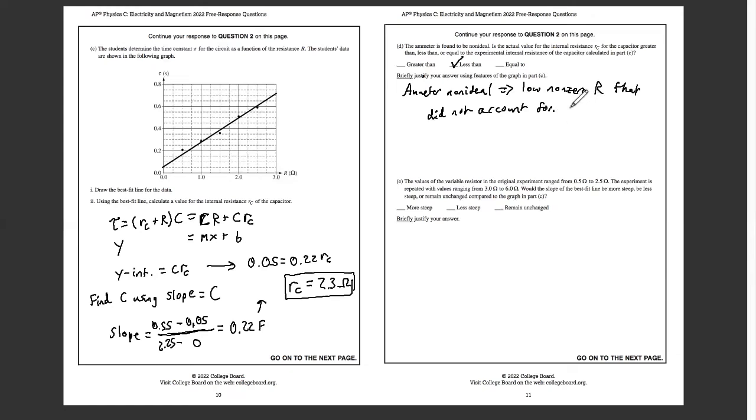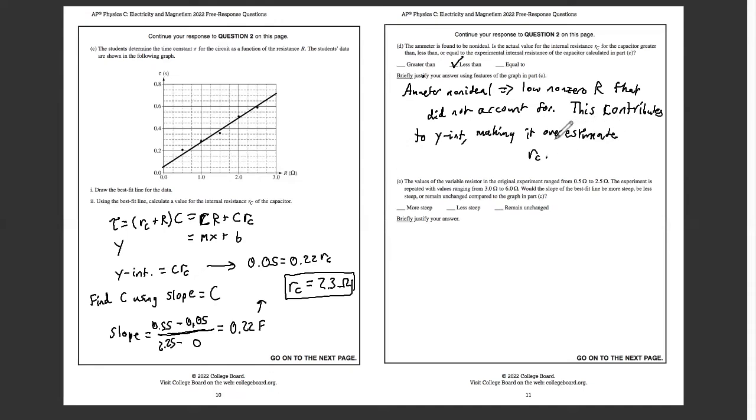Now, in terms of what this would actually do, this would contribute to the y-intercept. Keep in mind, we have to actually justify our answer using features of the graph. So this contributes to the value of the y-intercept, making it overestimate R sub c.